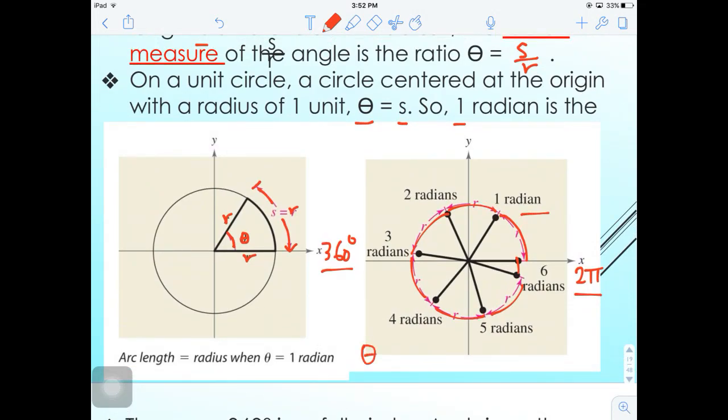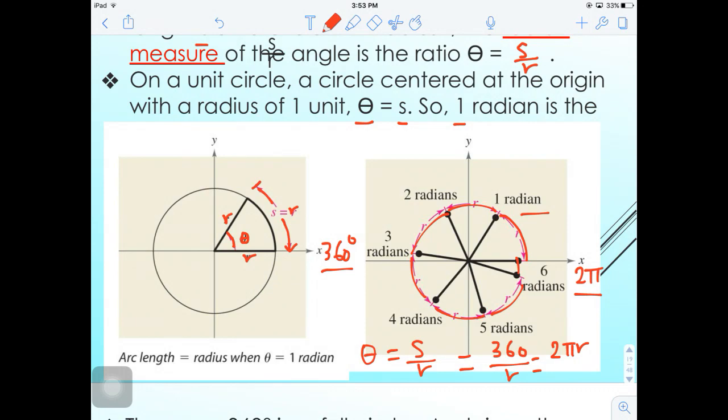So if theta is equal to s over r, where s represents the arc length and r is the radius, then if we take the entire circle, which is 360 degrees, divided by the radius, we also know that the entire circle is given by 2 pi r.